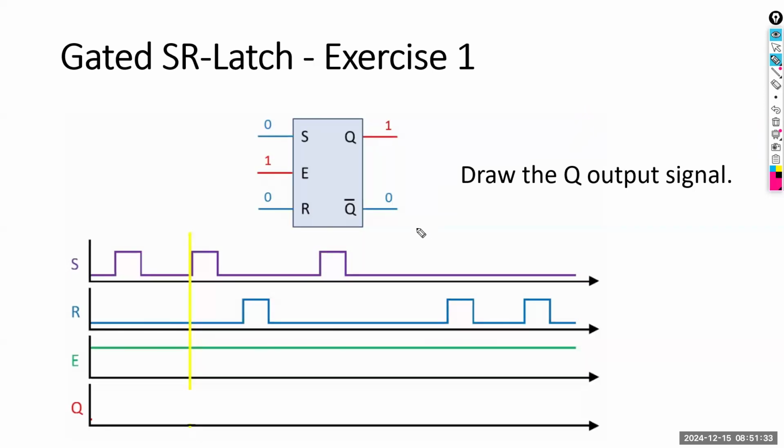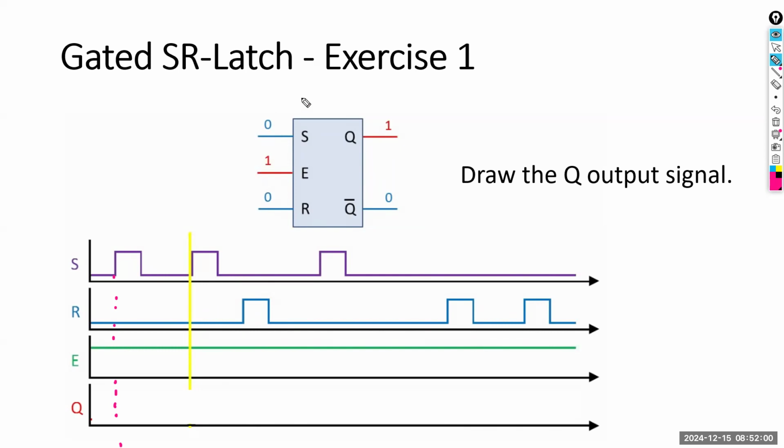Okay, right. So what is the output? So output depends on what is the current starting output. Now this is S0 R0. So let's assume current Q is 1. So therefore I'll start with 1 and assume that it is memory. And enable is 1 means throughout this, actually enable has no role to play.